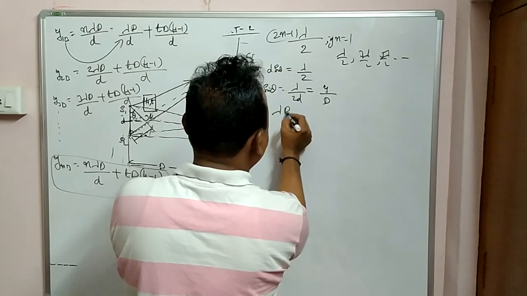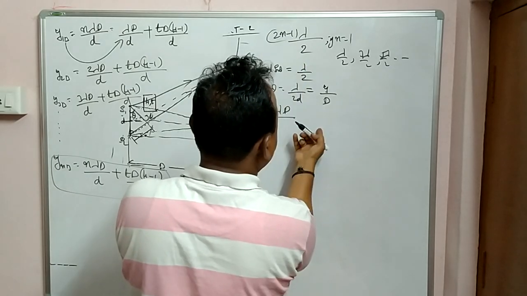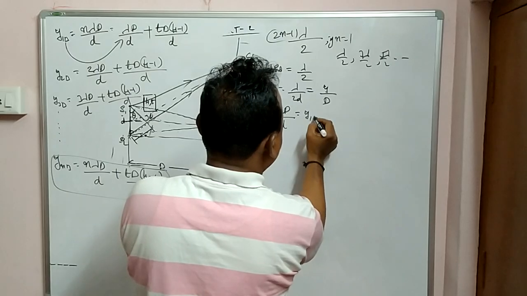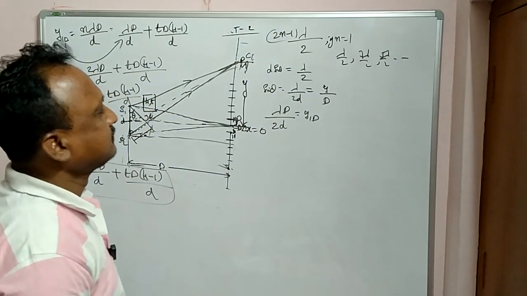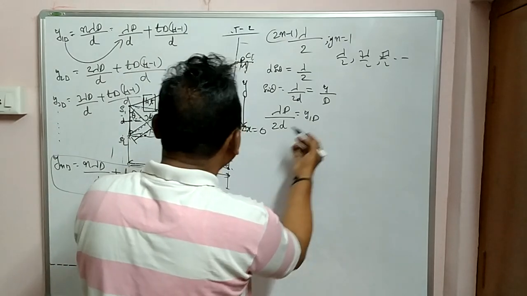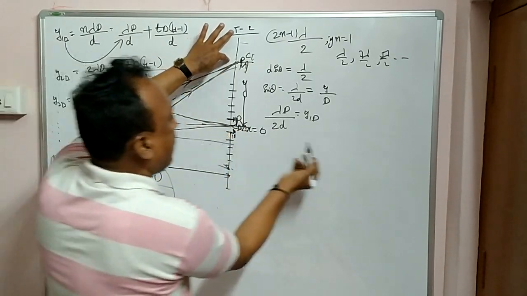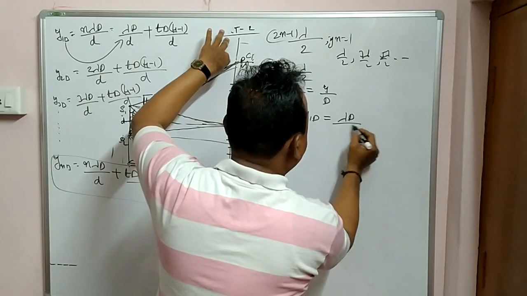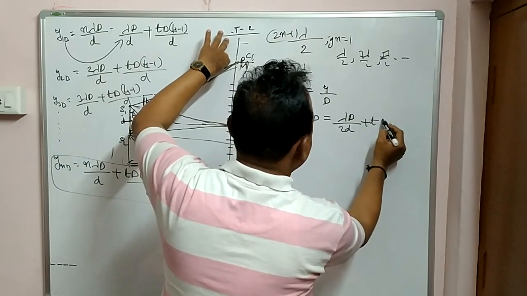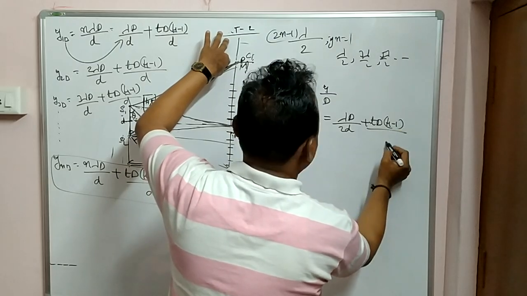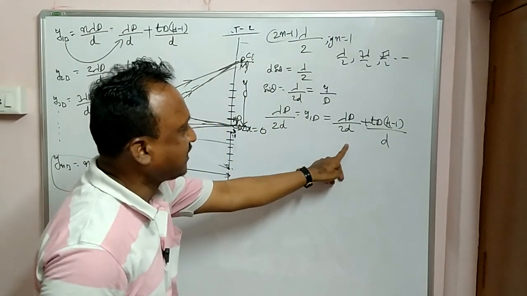So lambda d by ఇక్కడ సబ్స్టిట్యూట్ చేసుకోవచ్చు మనం. lambda d by 2d ఫస్ట్ డార్క్. కానీ ఇప్పుడు ఏంటి, షిఫ్ట్ అయిపోయింది ఇంత ప్లేస్లో. అప్పుడు ఏమవుతుంది? Now this is not lambda d by d. Lambda d by 2d plus td into mu minus 1 by d. This is the first dark.